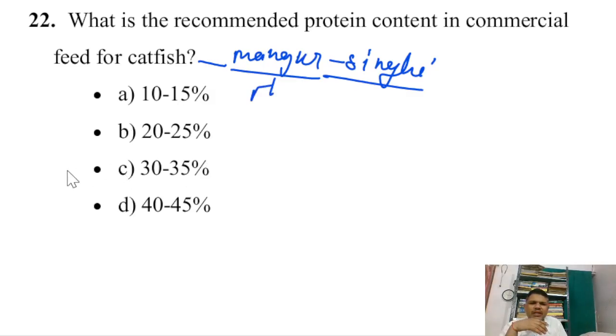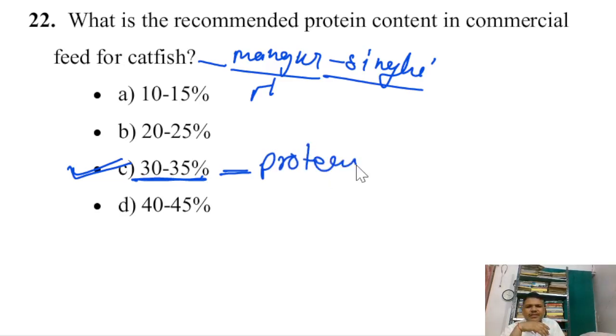So they require high protein content, and the most suitable percentage of protein in their diet is 30 to 35%. They should have at least this amount of protein. So it is the recommended protein content in commercial feed for catfish.